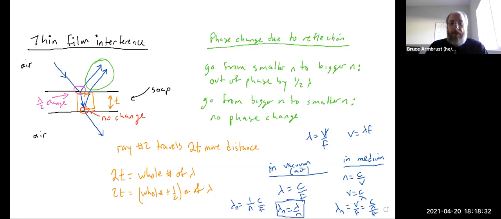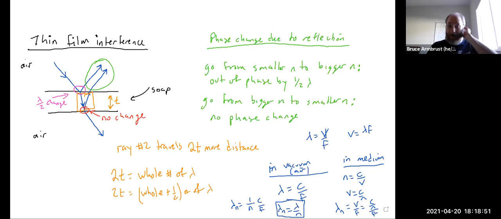And so that's how the wavelength changes. When we look at the wavelength of the light in soap, it's not going to be the same as the wavelength it was out and about. We actually have to divide by the n.